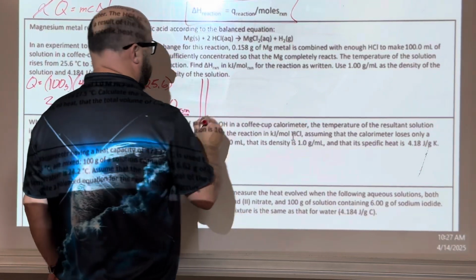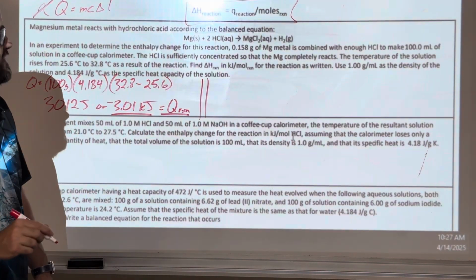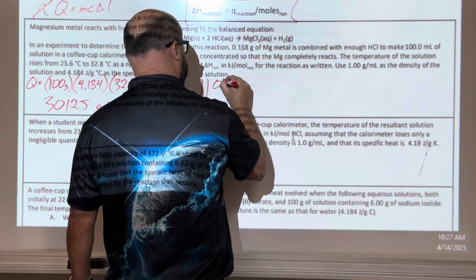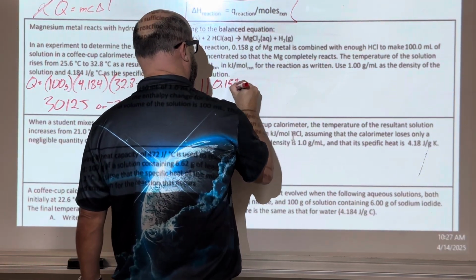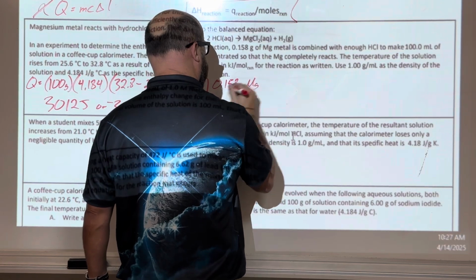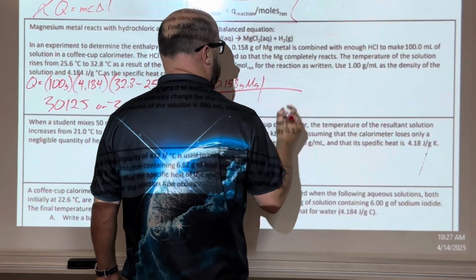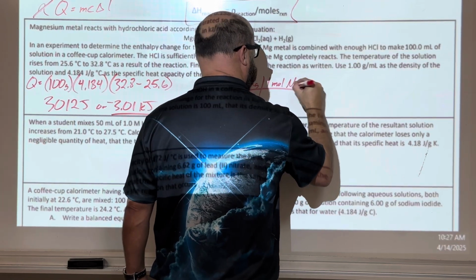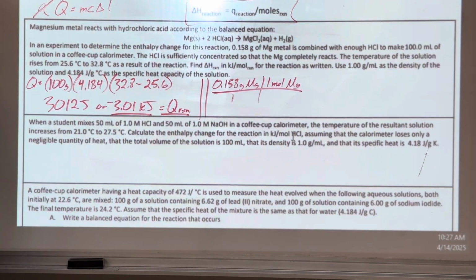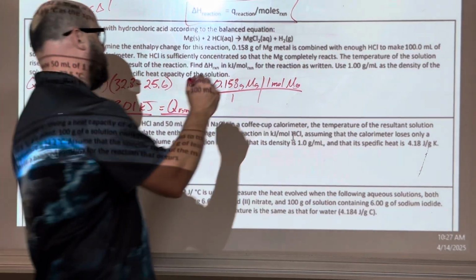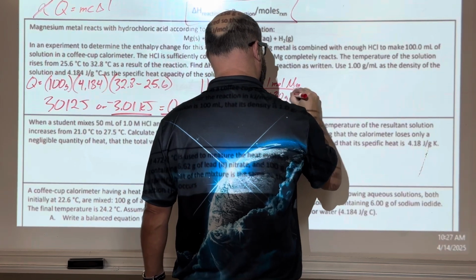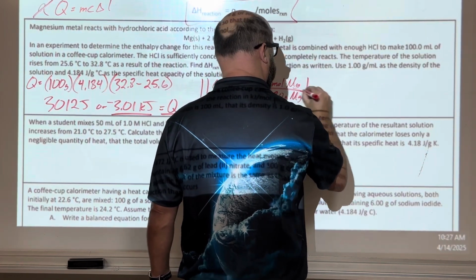Now we have to find how many moles of magnesium there are. First, take the mass. This is a simple little stoichiometry problem. 0.158 grams of magnesium. Got to have that one. 1 mole of magnesium is, I forgot how many, 24 something, 24.30 grams of magnesium.